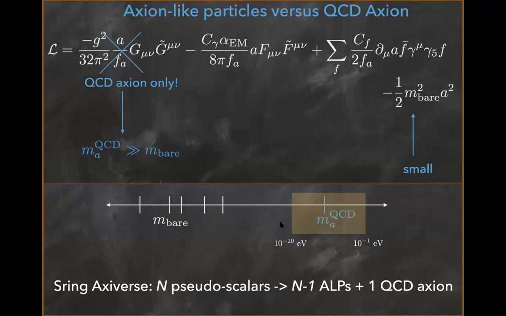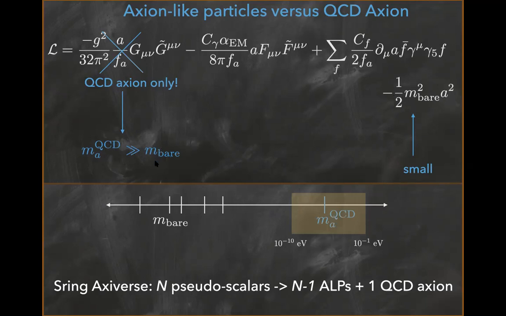Let me contrast that with axion-like particles. So remember, our QCD axion is going to couple to QCD, to electromagnetism, and to fermions. We could also have some small bare mass, some small other explicit violation of the PQ symmetry. But in order for the QCD axion to be a good solution to the strong CP problem, the QCD-induced mass needs to be much bigger than this bare mass.